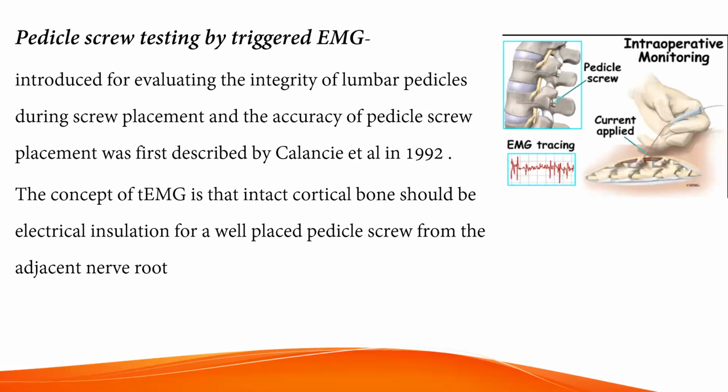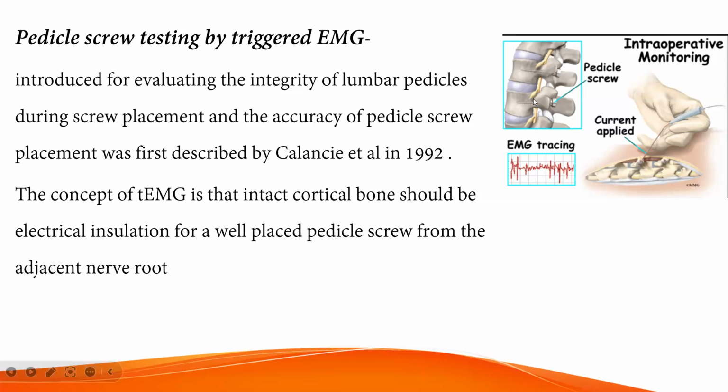There is one more thing in EMG called triggered EMG. It was introduced for the evaluation of the integrity of the lumbar pedicle screw, to check that it is placed accurately in the pedicle. It was first described by Calancie in 1992. The concept of triggered EMG is that intact cortical bone should electrically insulate a well-placed pedicle screw from the adjacent nerve root.